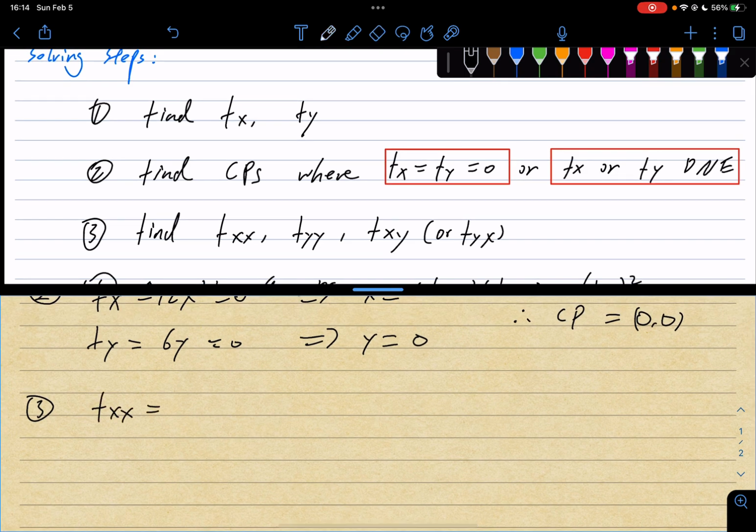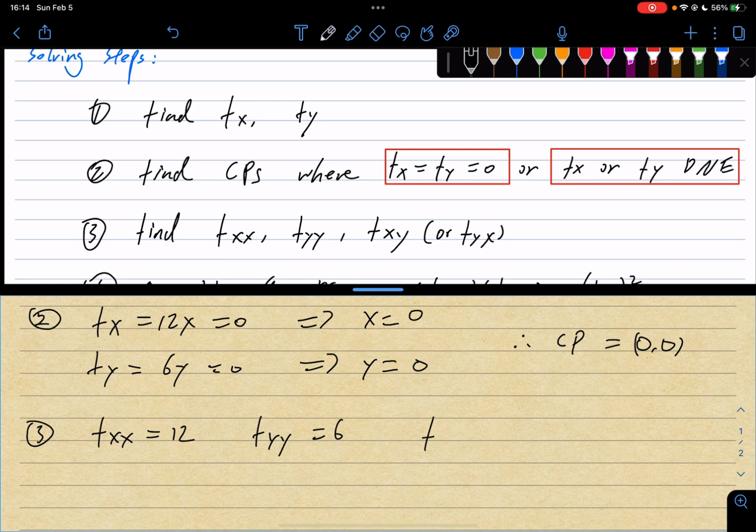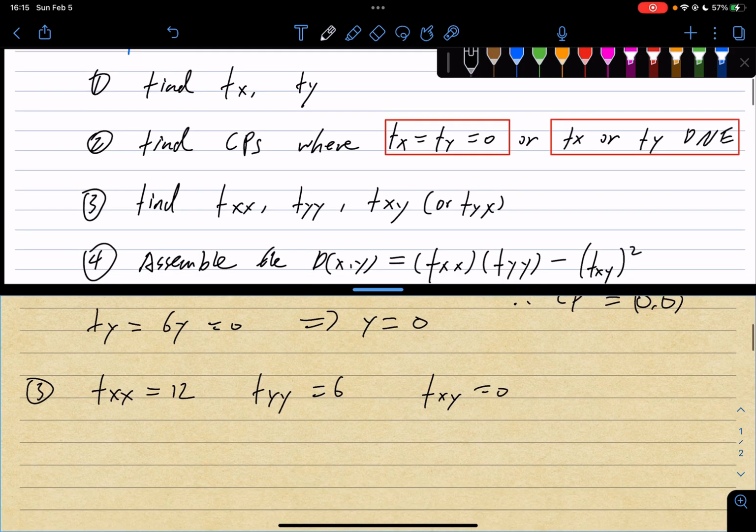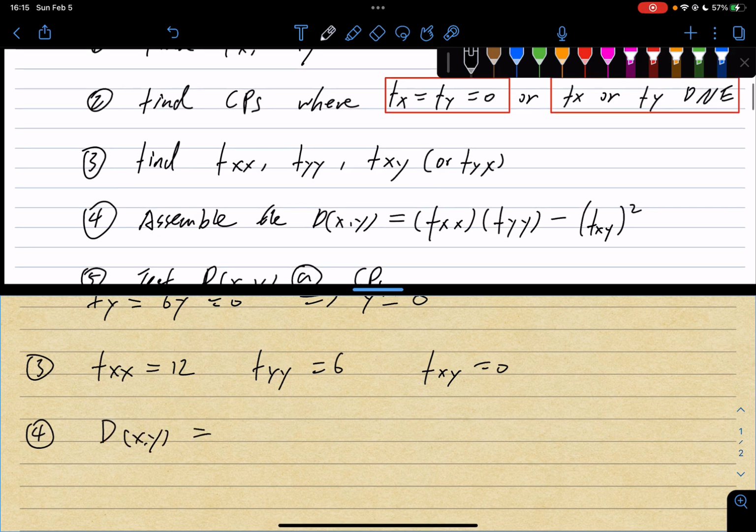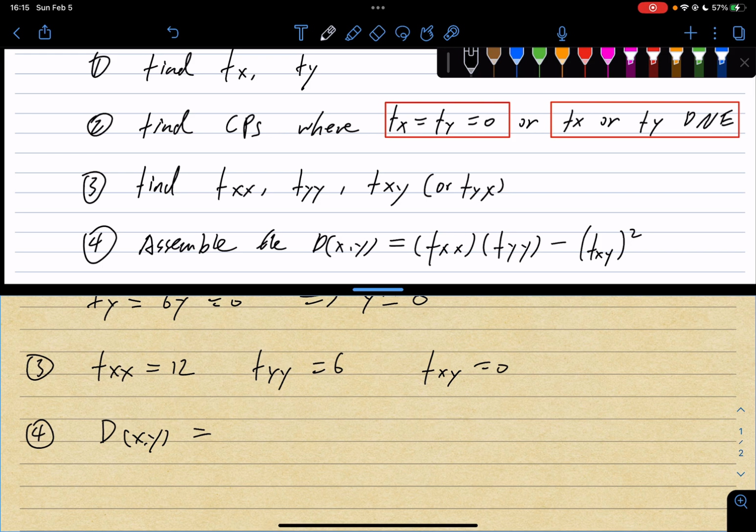fxx equals 12, fyy equals 6, and then fxy equals 0. Boom, easy enough. And step 4, we're going to assemble the discriminant. So the discriminant D(x,y) equals fxx times fyy minus fxy squared.